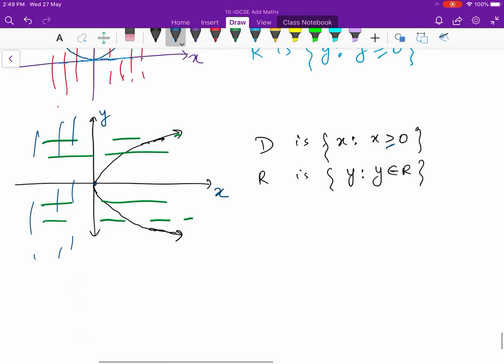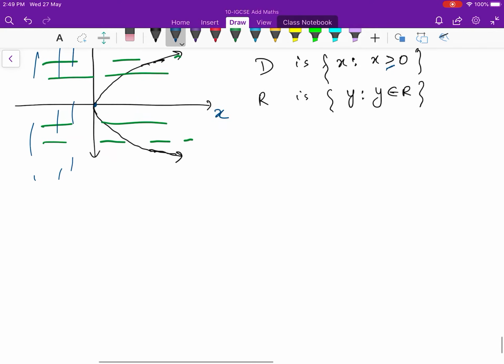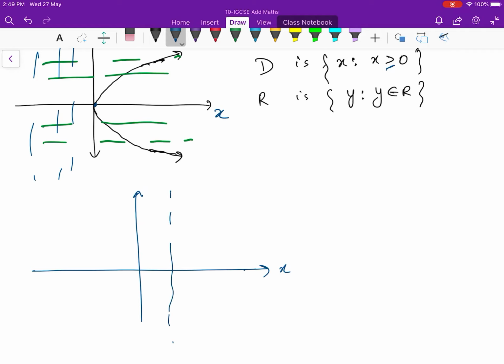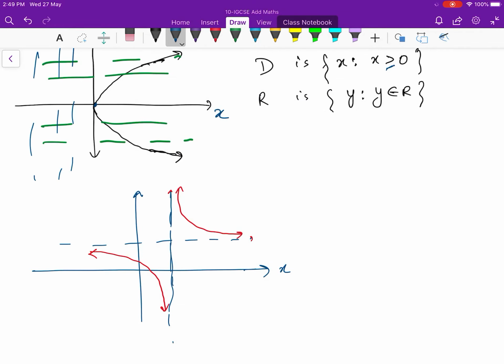Let's take a few more graphs. Suppose I have, this is x, this is y, and the graph goes like this and this, and this is a vertical line, and this is the horizontal line.